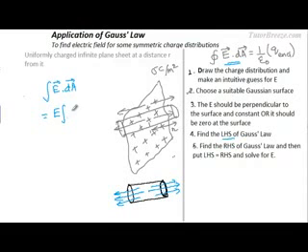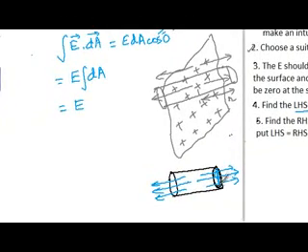So this leaves us with integral E dA. See, this was equal to E dA cos 0, that is the dot product, and cos 0 is 1, so this gives us E integral dA. Now integral dA is the total area of this element, so this is A.